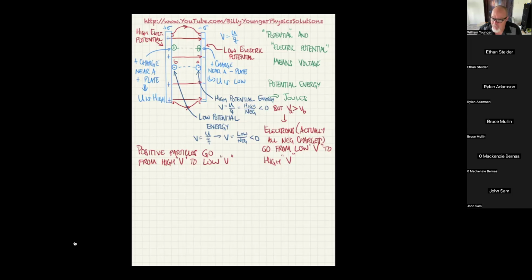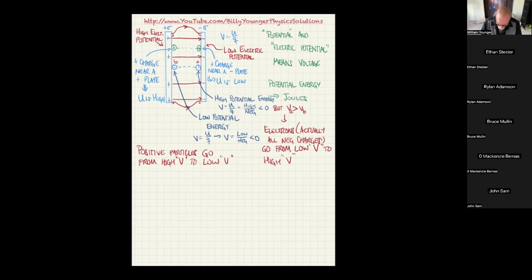So negative particles travel from low voltage to high voltage on their own or spontaneously, as we learned in the chapters on thermodynamics. And positive particles spontaneously go from high voltage to low voltage. So just keep that in mind. That should help you. Now that we have all that worked out with hopefully some understanding, we can ultimately make some conclusions about stuff.